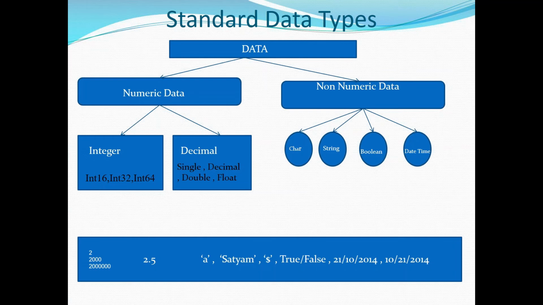So to avoid this kind of problem, what C# has done is divide integer into 3 different categories: int 16, int 32 and int 64. If you are going to store the smallest number, now you don't have to worry about it.